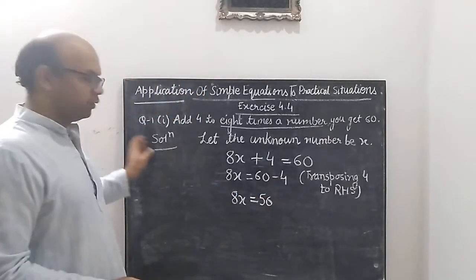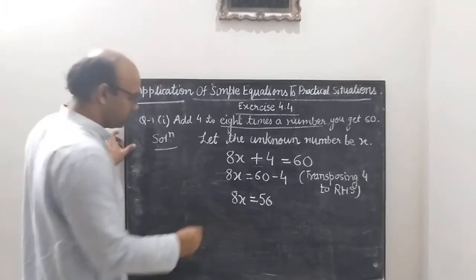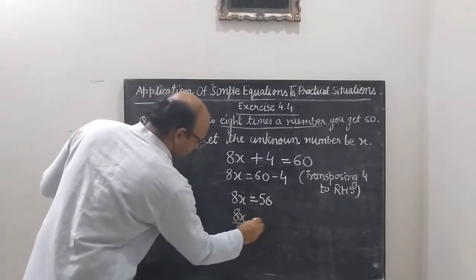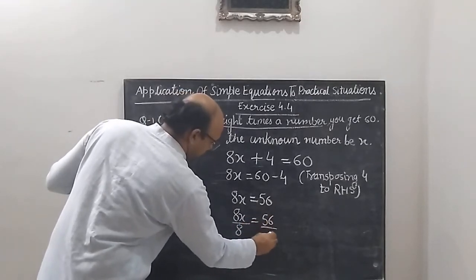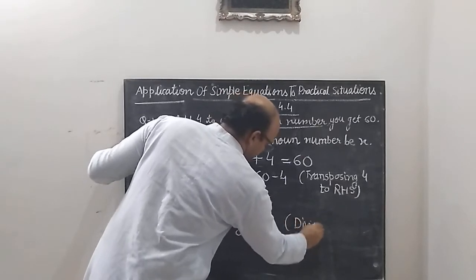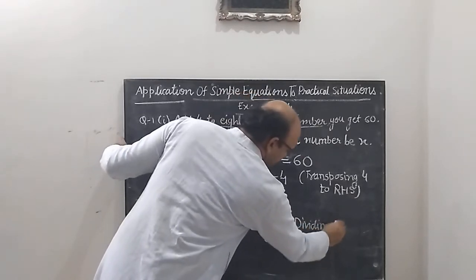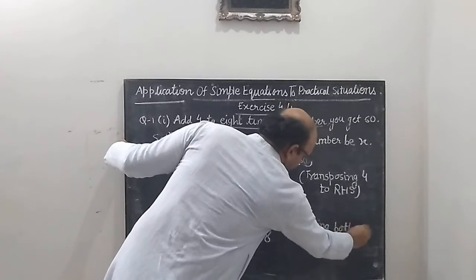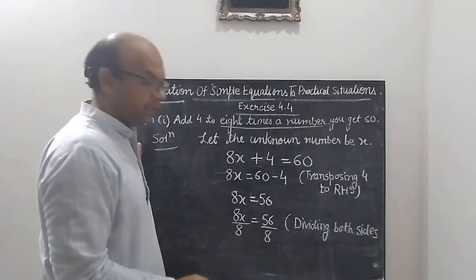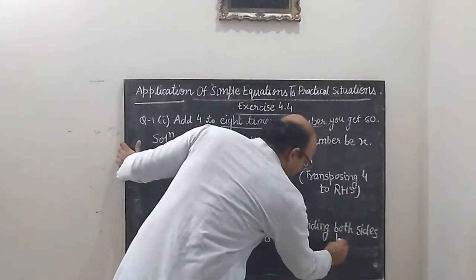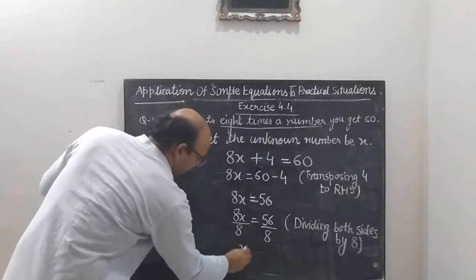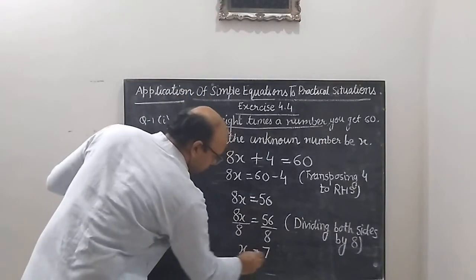Then we divide both the sides by 8. So we divide 8x equal to 56 by 8, and we write dividing both sides by 8. And then you have x is equal to 7.